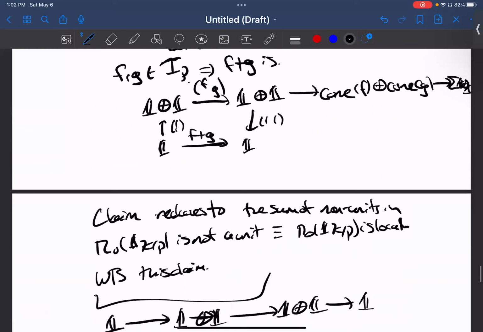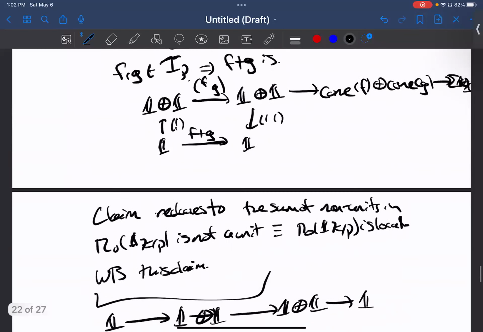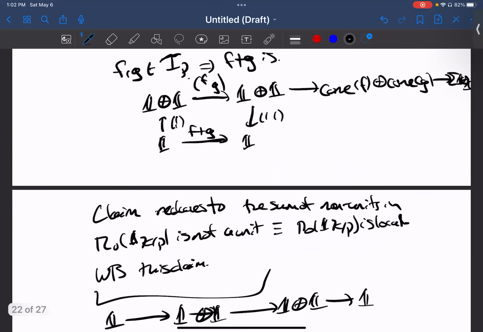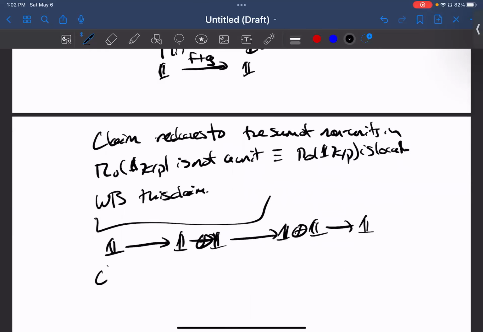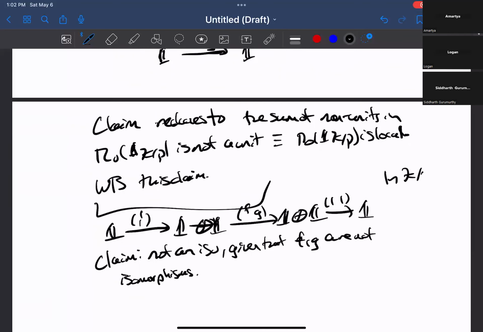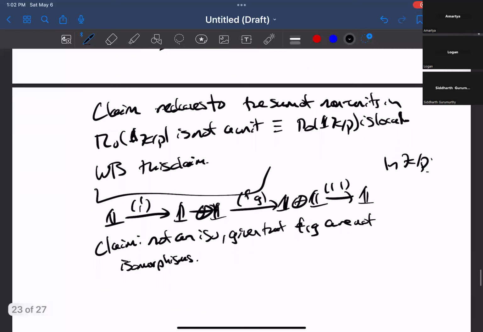We can look at all the exact triangles associated here. All right, so we want to claim that this is not an isomorphism, given that F and G are not isomorphisms. In particular, we're working in K mod P. So we're working locally because otherwise it would not be true.